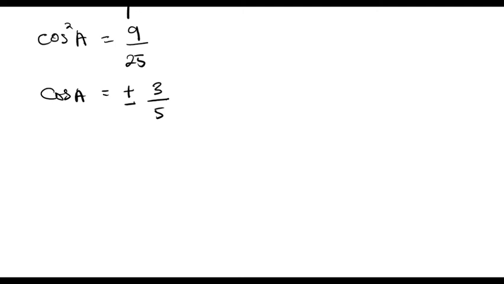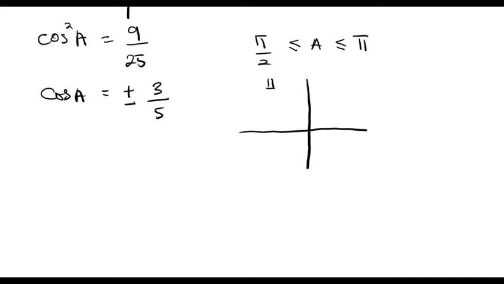Recall that our A value is between pi over 2 and pi, which is quadrant 2. In quadrant 2, using CAST, the value for cos is negative. So for cos A, we get negative 3 over 5.